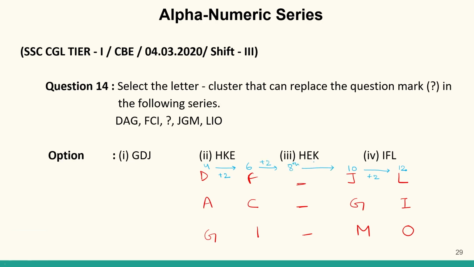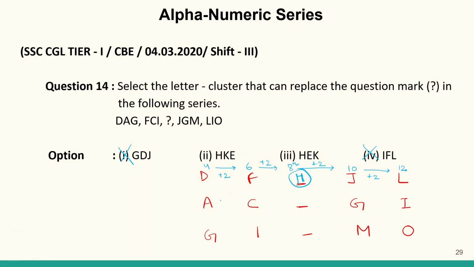And if I increase 2 positions over here, I'll get the 10th rank. So the 8th rank alphabet will logically fill in this blank. So the 8th rank alphabet is H. So my first alphabet will be H. Based on this information, I can eliminate option number 1 and option number 4. So it will be either HKE or HEK.